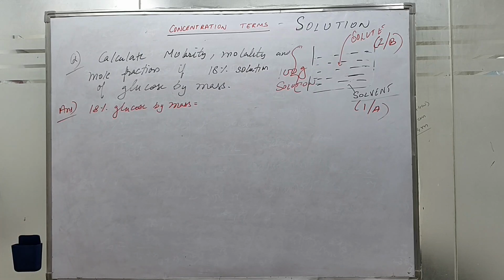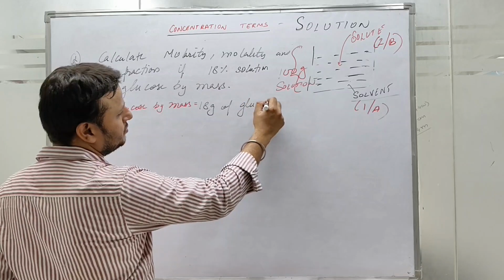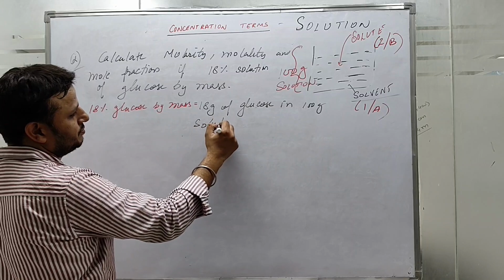So it means 18 gram of glucose in 100 gram solution.